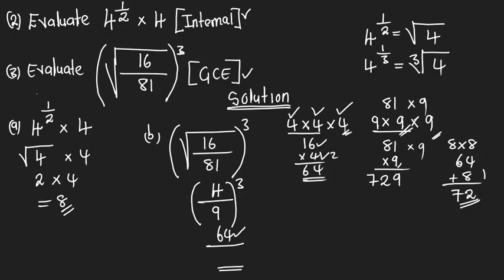So this 72 was supposed to come here. Is it clear for everyone? Yes. Okay. So that is how we're getting 729. That's how you solve these particular questions, actually.